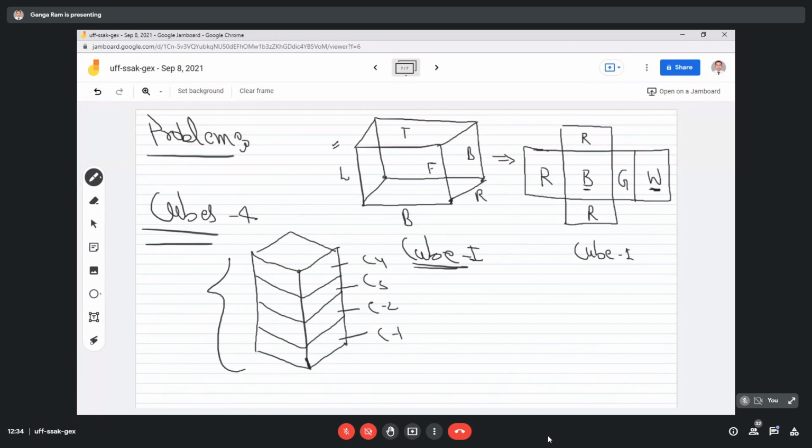The problem is, is it possible to stack these cubes one on top of another to form a column such that no color appears twice on any of the 4 sides of this column? Okay.